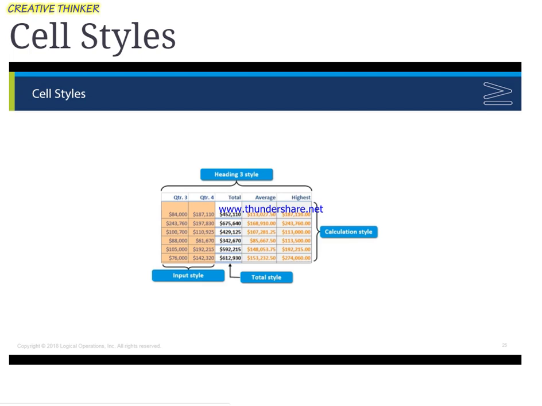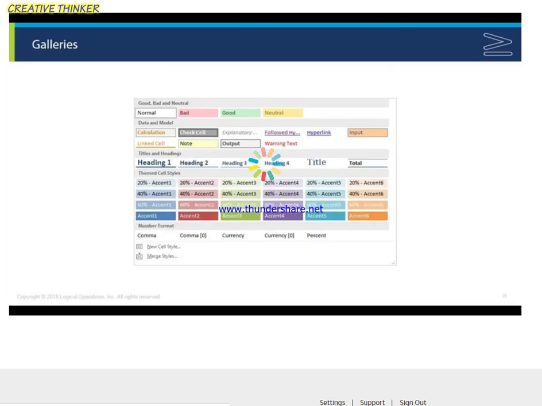They can include any type of formatting options. There are a number of predefined cell styles, and you can even create your own custom styles. You're going to find this on the Home tab in the Styles group, and there's a Cell Styles command that will allow me to make these choices. For a lot of different formatting options, Excel, like the other Office programs, has a more visually oriented type of menu. That's what we're seeing here, the galleries.